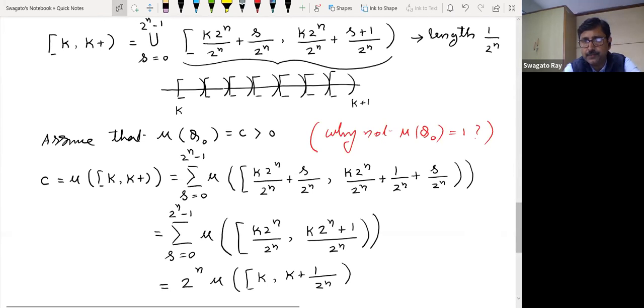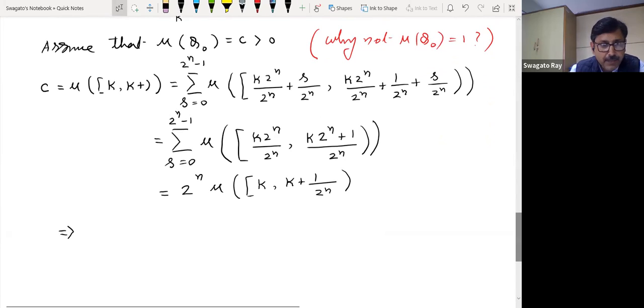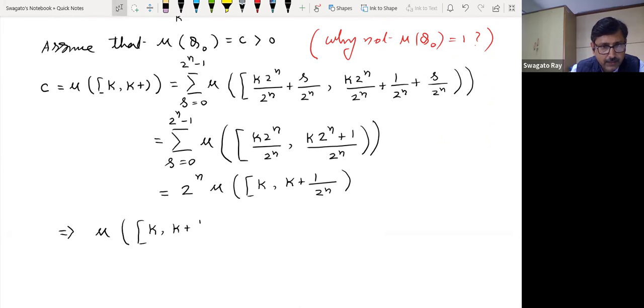It then follows, what do I get by all this circus? I get that this implies that mu of k plus 1 by 2 to the power n, the measure of this set, is actually 2 to the power minus n times measure of k, k plus 1, which is C. So it is C. Okay.